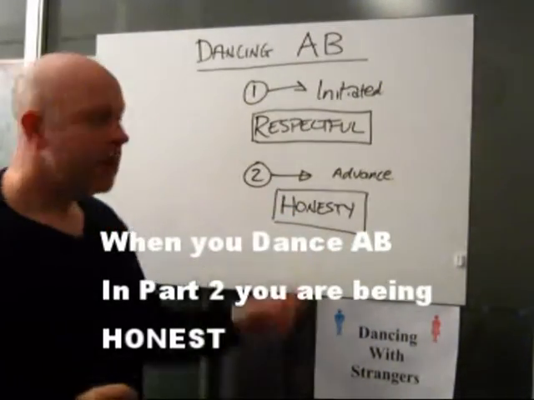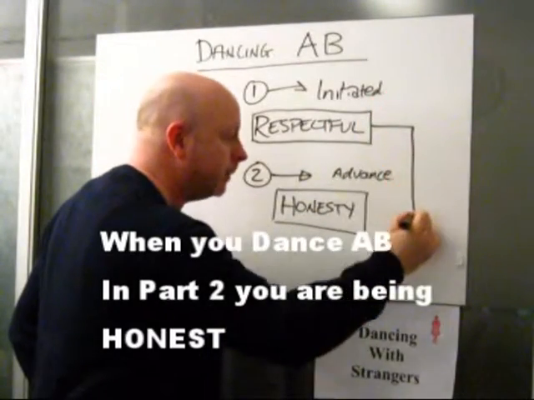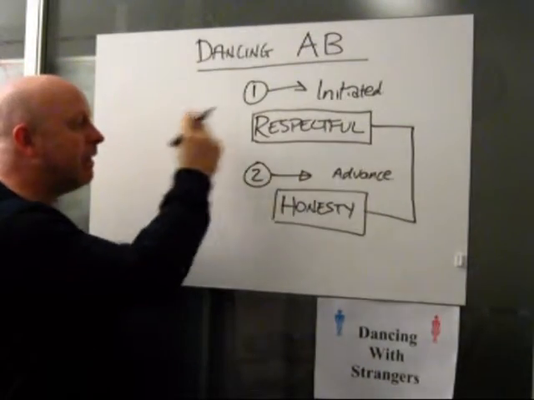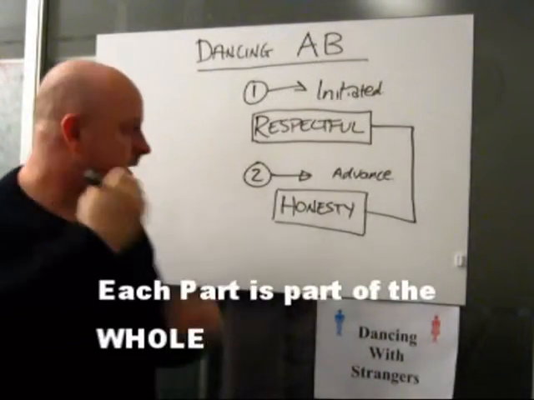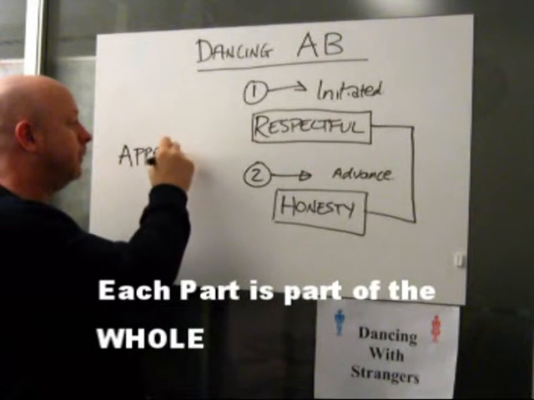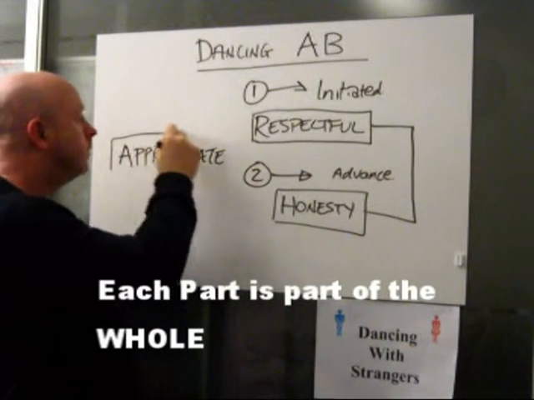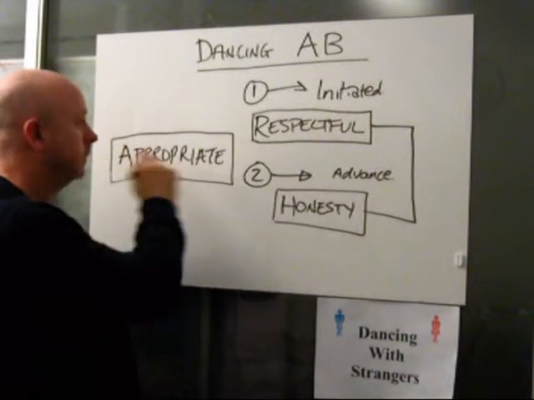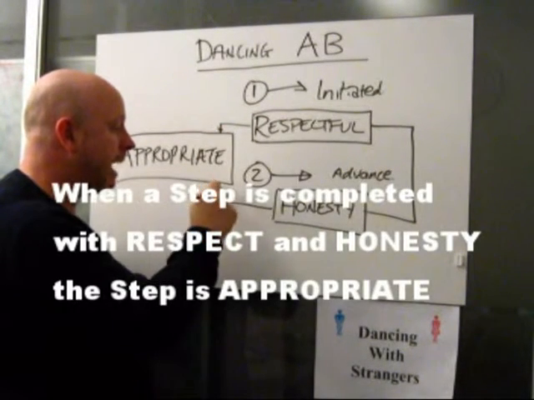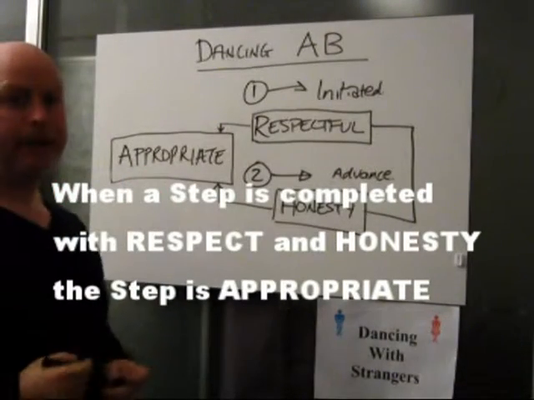There's a relationship between this part and this part. Whenever these two are congruent, what you have is something called appropriate. This is appropriate behavior. When I show respect and I'm being honest whenever I make advances on someone, my behavior can be described as being appropriate.